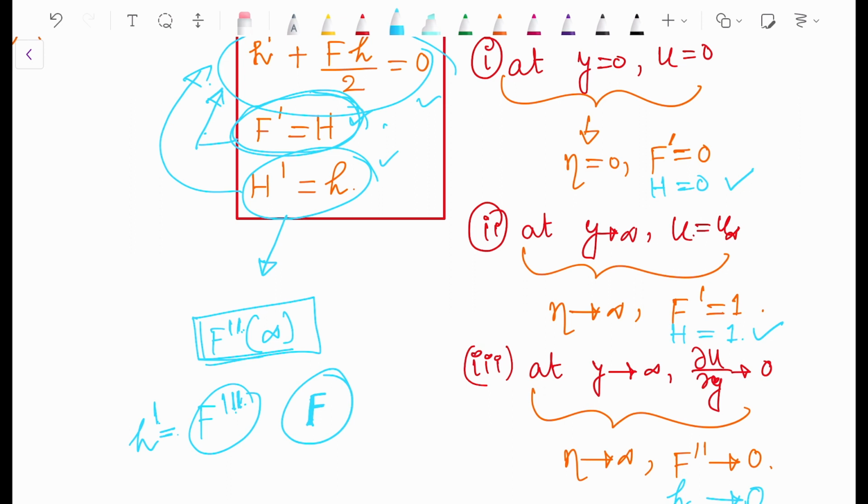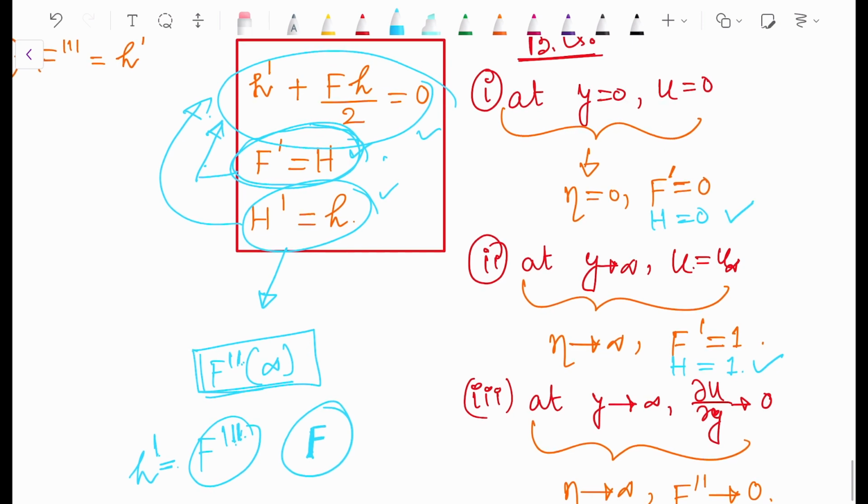And I have to initialize these things. To initialize at eta equal to 0, I have h equal to 0.